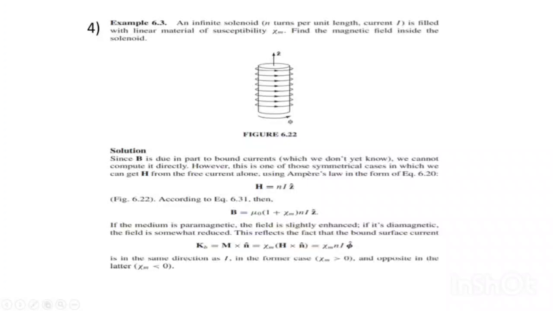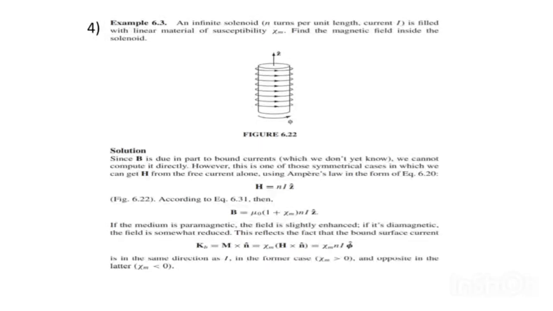So the next question is: an infinite solenoid with n turns per unit length and current I is filled with linear material of susceptibility chi m. Find the magnetic field inside the solenoid. For this problem, since B is in part due to bound currents, we can't compute it directly.